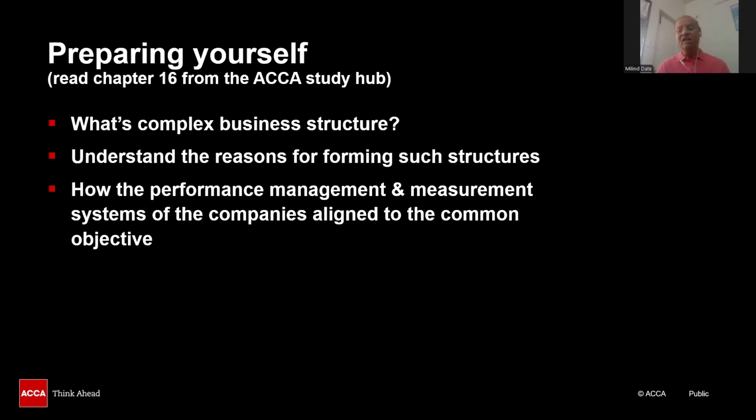Because ultimately, the complex business structures also have a common objective to achieve. Although their physical existence may be separate, the objective to be achieved is common. So the performance management and measurement system must be aligned to that.